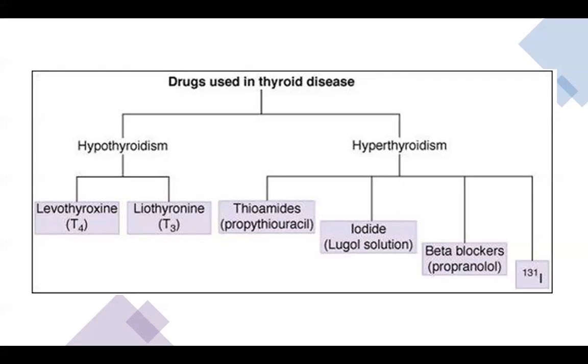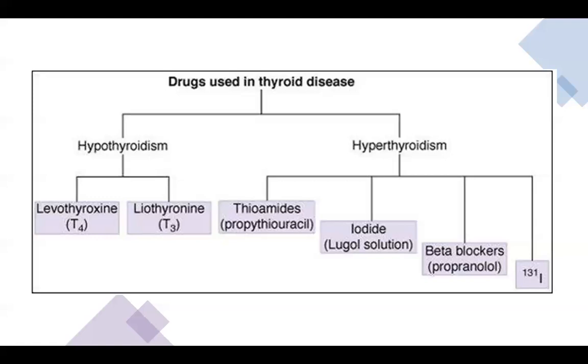These are the most popular medications. Now, iodide, which is the Lugol solution, is not first-line therapy. We rarely use it on its own. Mainly, we use it pre-surgery. Prior to surgery, we like to give Lugol solution.